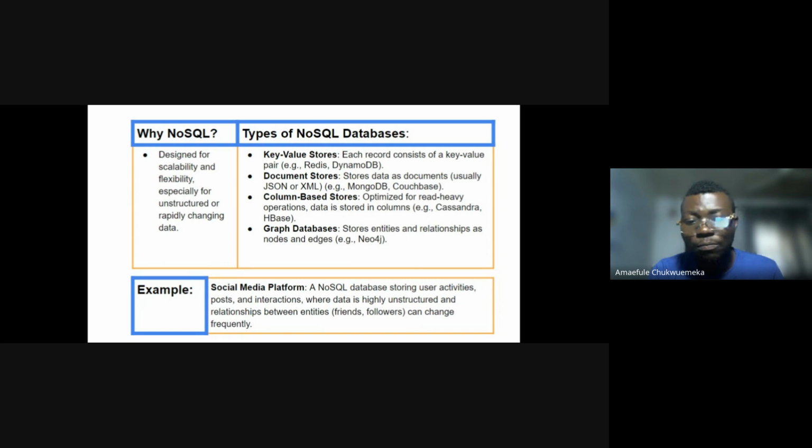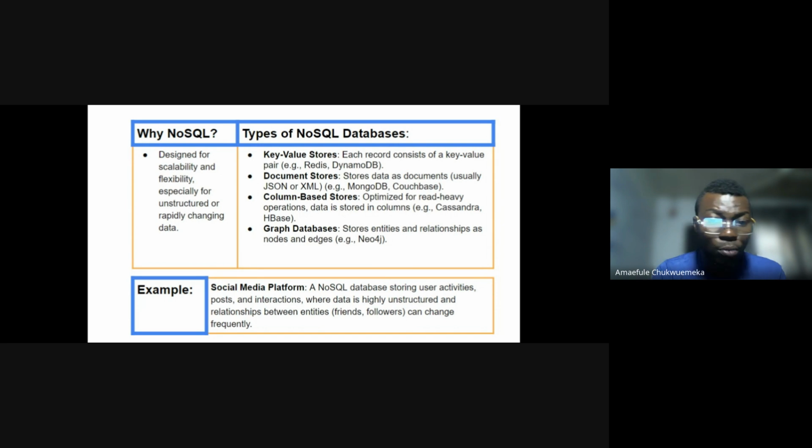Now, let's look at an example of a social media platform. A NoSQL database will definitely store user activities and their posts, interactions on posts, and engagements, when the data is highly unstructured, and relationships between friends and followers and likes and comments and posts. All of these data are not structured. With all of this data going into social media, there are going to be a lot of changes.